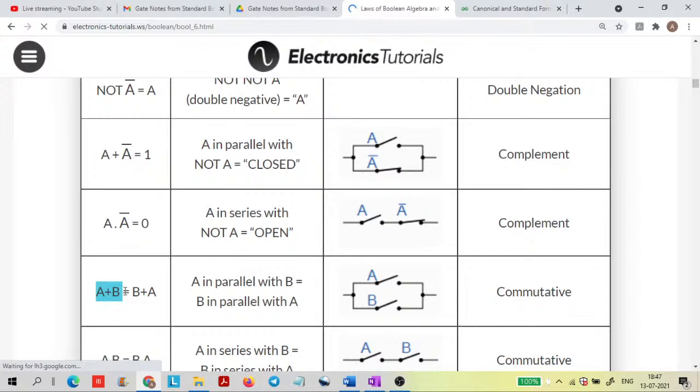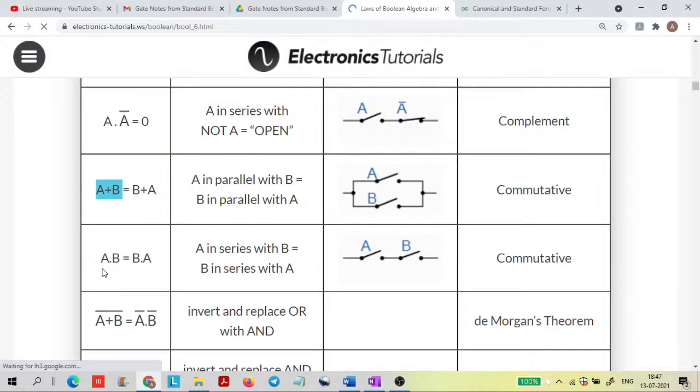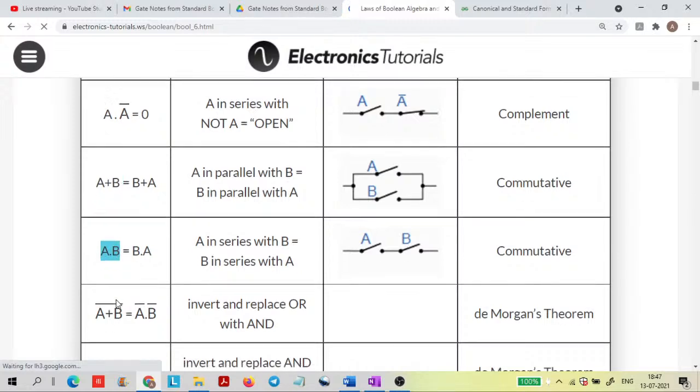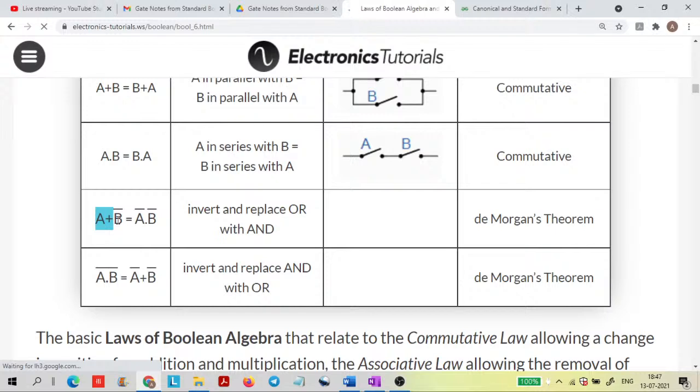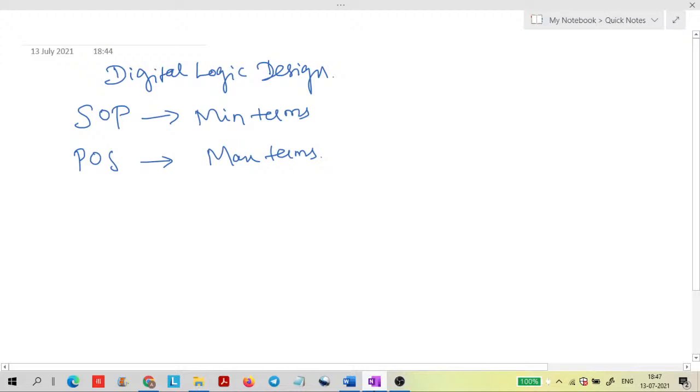A plus B is equal to B plus A, and A into B is equal to B into A; this is the commutative law. Then De Morgan's theorem: A plus B whole bar is equal to A bar into B bar, and A into B whole bar is equal to A bar plus B bar.